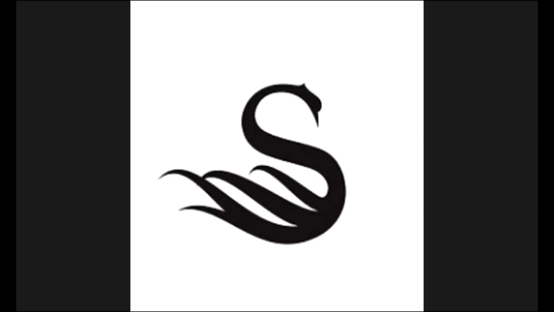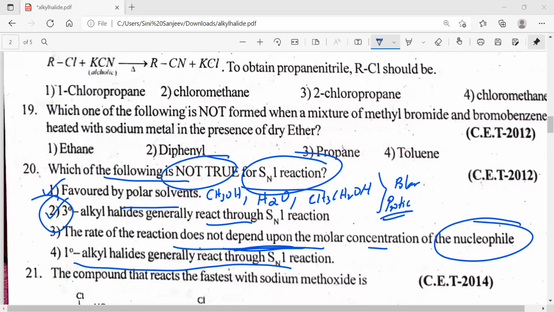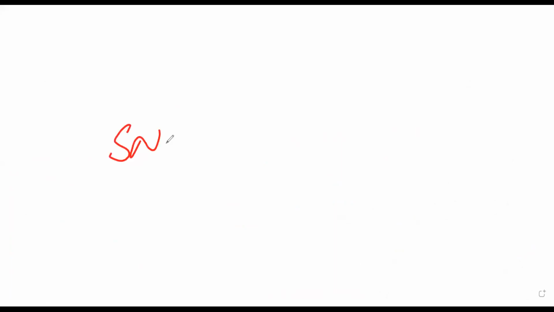Sorry, the internet got disconnected. So I think we were in the last one. Correct? So already we had discussed that tertiary alkyl halide generally reacts by SN1. So can I say in the fourth one, primary alkyl halides will generally react by SN1?